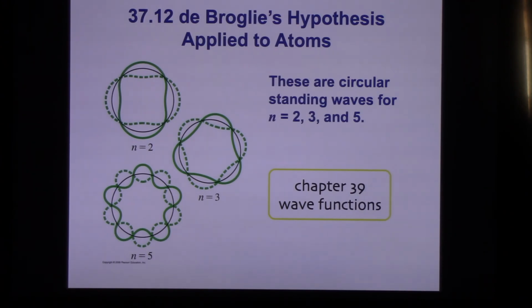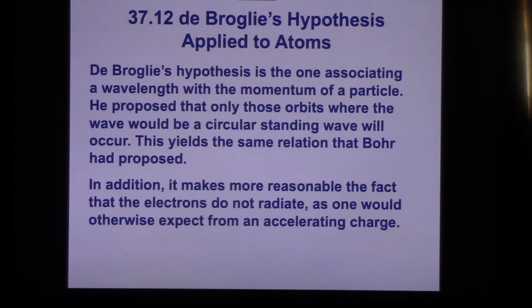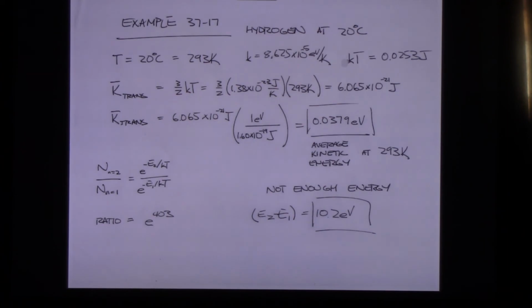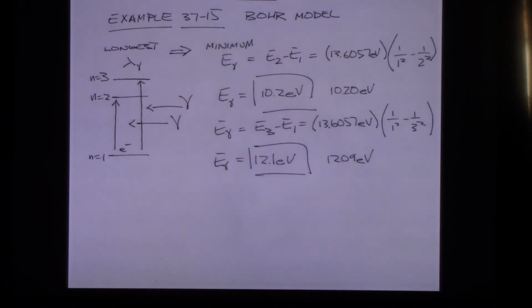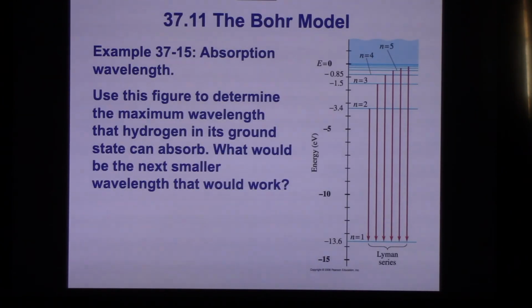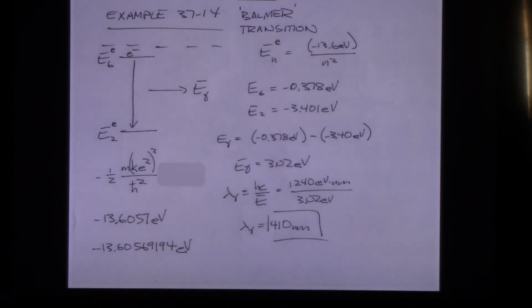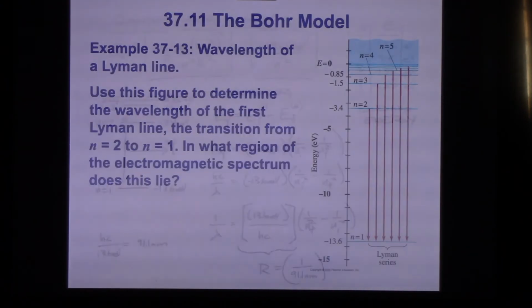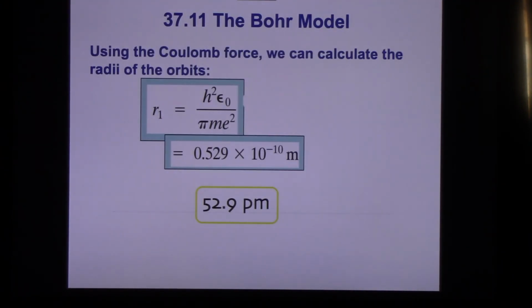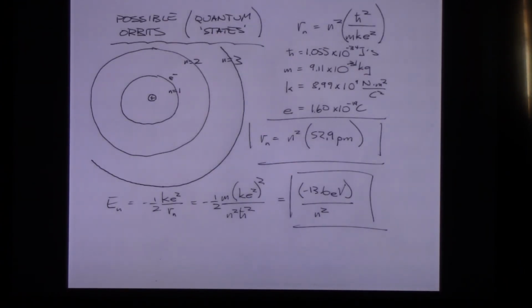But you do have to know the Bohr formulas. The formulas that Bohr was able to come up with, well, all these examples, the Bohr model here, the Bohr model here, all these different transitions. You want to be able to work in terms of, let me go back to where we derived it. Maybe here.